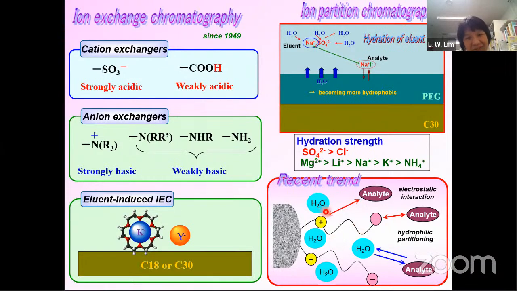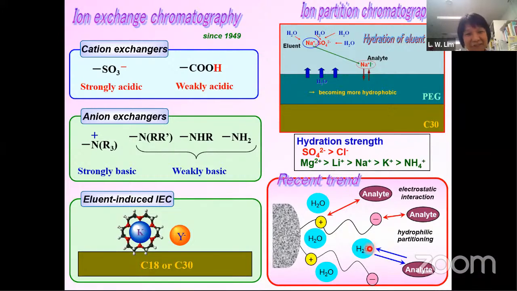Originally, it was used to separate anions and cations. But right now, because of HILIC, HILIC is another kind of partition, I think we discussed HILIC before. And HILIC can be very useful when we use a zwitterionic system like this.